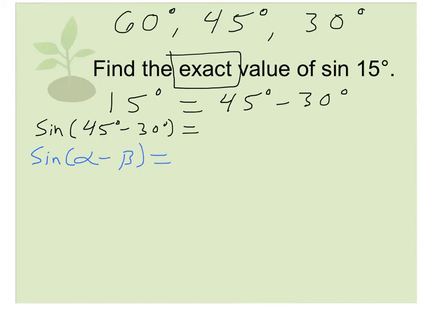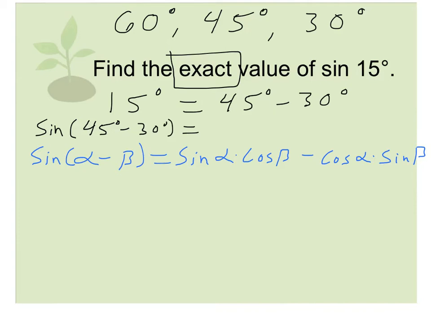The sine value of the difference of two angles is equal to sine of alpha times the cosine of beta minus the cosine of alpha times the sine of beta. Okay, that's the sine difference formula.